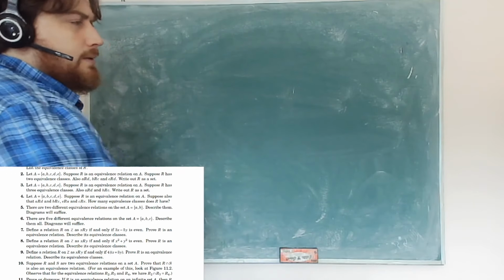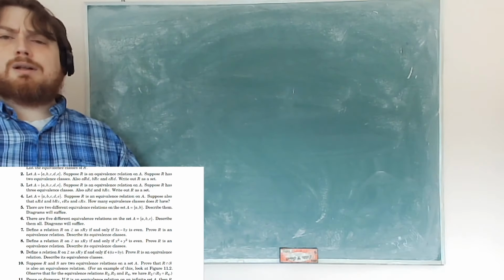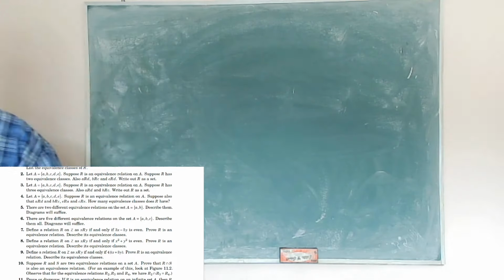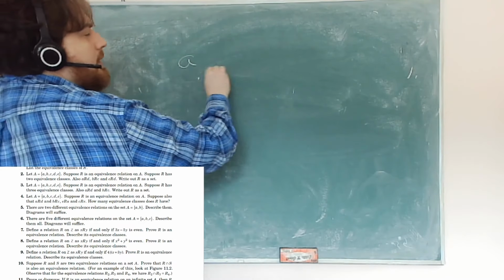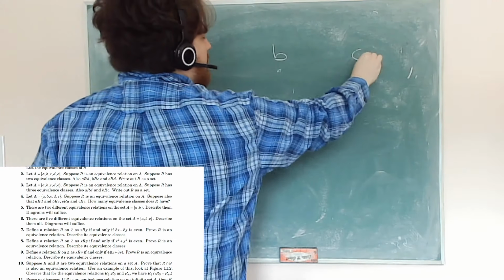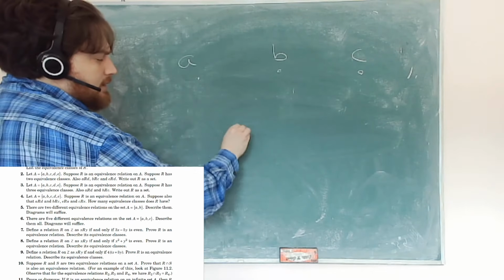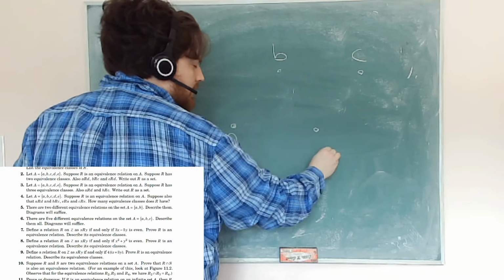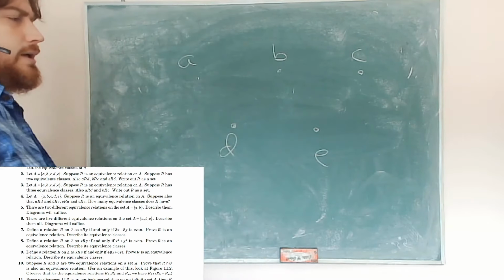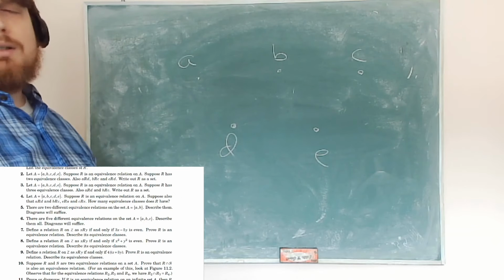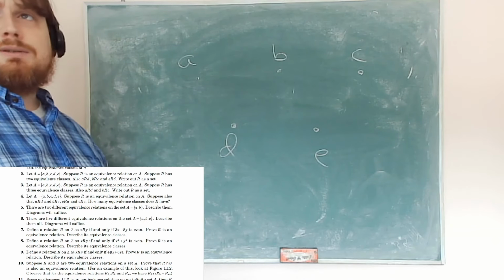Actually, I'm going to do this one pictorially, and then I'll do it as a set, so that I can at least get it set up and know what's happening here. What we have is the set {A, B, C, D, E}. And if I want to think about what has to be related, it tells me that this is an equivalence relation.